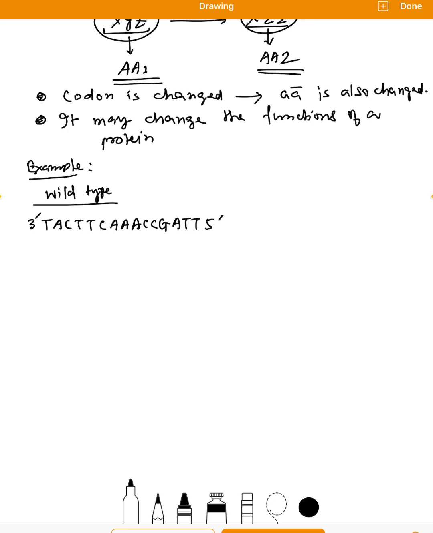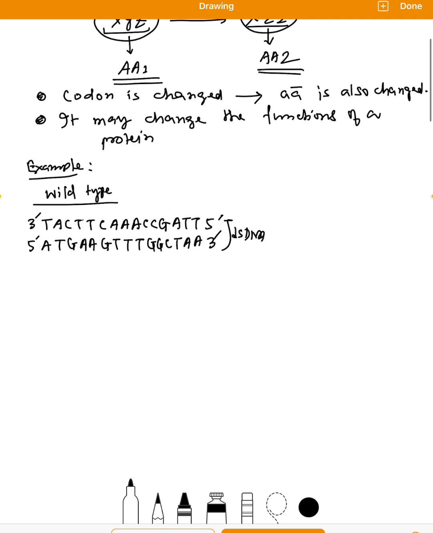Its complementary strand will start from the 5 prime direction. It will be A T, then Z A, then Z, then T T T, then G Z C, Z Z C, then T A, and this is the 3 prime. So this is a double stranded DNA.